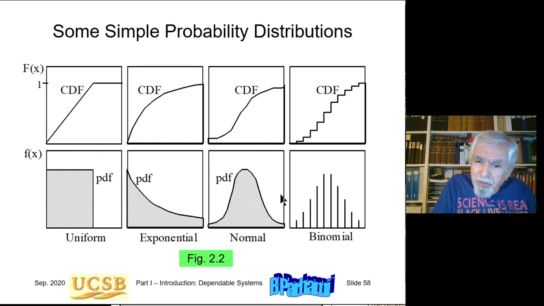And the discrete version of the normal distribution is known as the binomial distribution. So it's basically the same thing, except it has a discrete set of values. And the CDF is basically the discrete version of this curve. So these are some common distributions that we encounter.